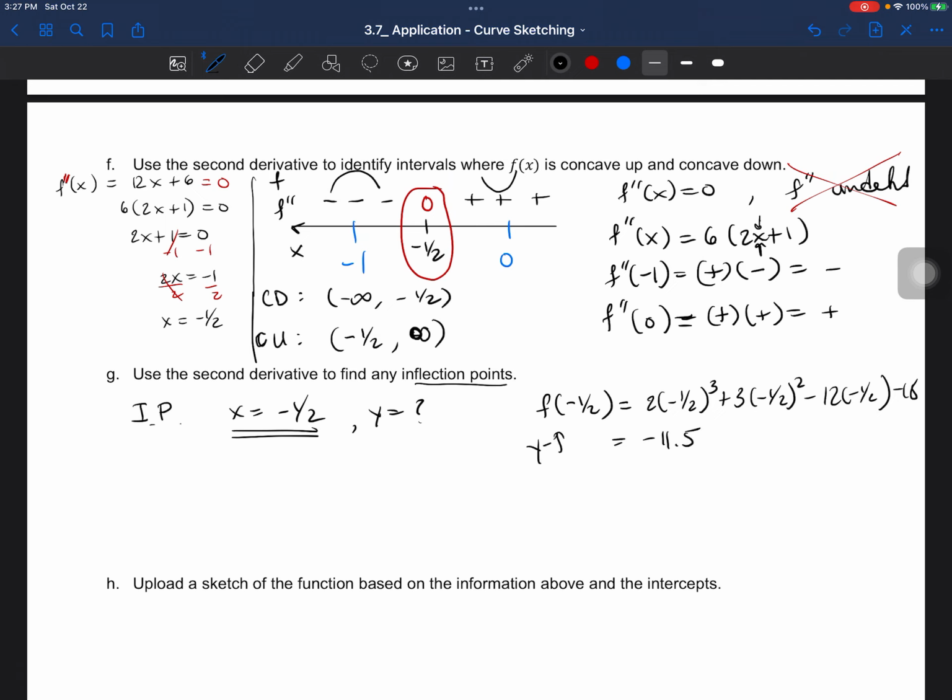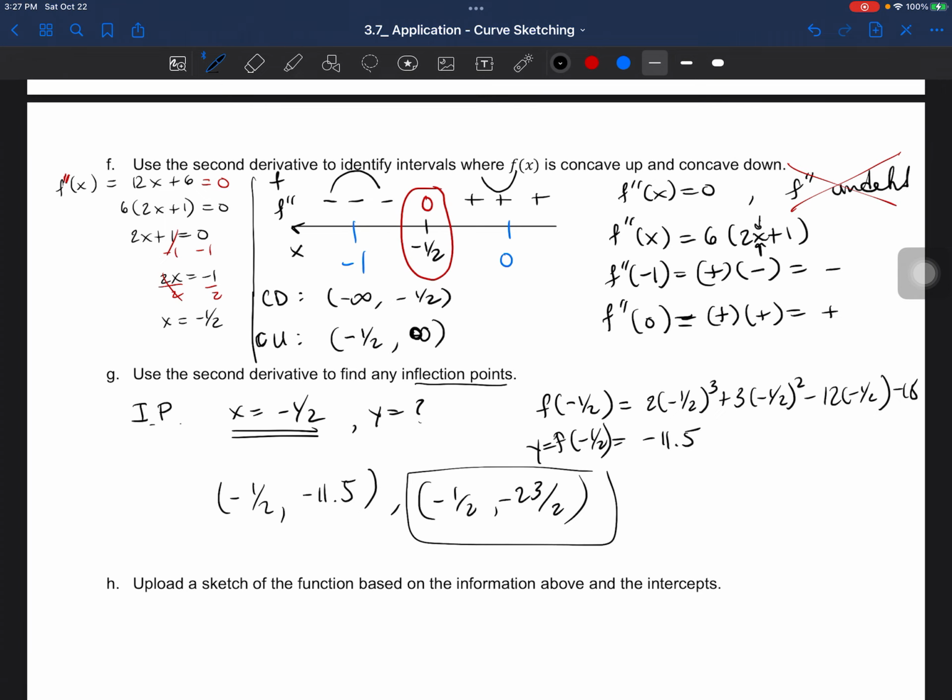When you do all these computations, you should be getting something around negative 11.5. So the point is going to be negative 1/2, comma, negative 11.5. Also, you can just write negative 1/2, comma, negative 23 over 2.